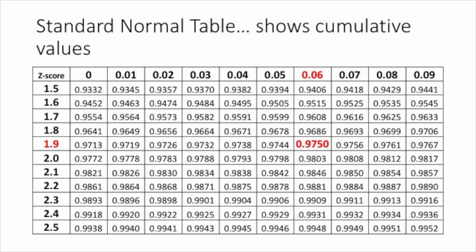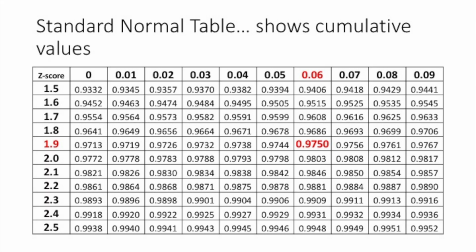Again, it shows the cumulative percentage of the distribution up to that z-score. Down the first column, you see z-scores 1.5, 1.6, 1.7, etc. And we're looking for 97.5% of the distribution because it's a cumulative value. So that's really giving you the upper 2.5% of the curve. And you can actually find the value, 0.975. That corresponds with a z-score of 1.96.